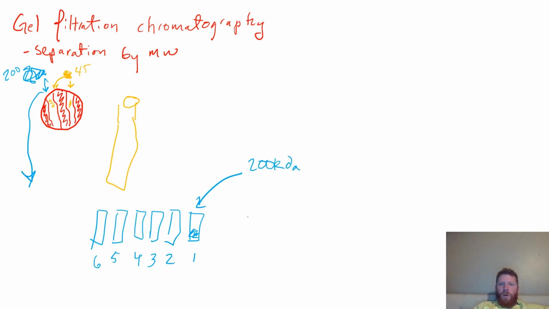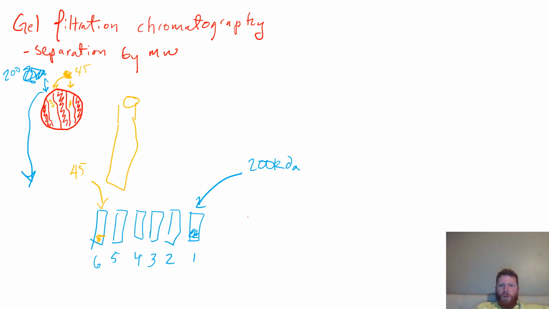Now the last one to elute of our 2 proteins is going to be our orange protein, checking in at merely 45 kilodaltons. And the reason for that is because the blue protein goes through the column as fast as possible because it has no reason to stay there. Whereas our orange protein has a little bit of a reason to stay there because every single bead that it encounters, it's going to migrate through at a very slow rate. So that's ultimately what you're going to see with gel filtration chromatography.